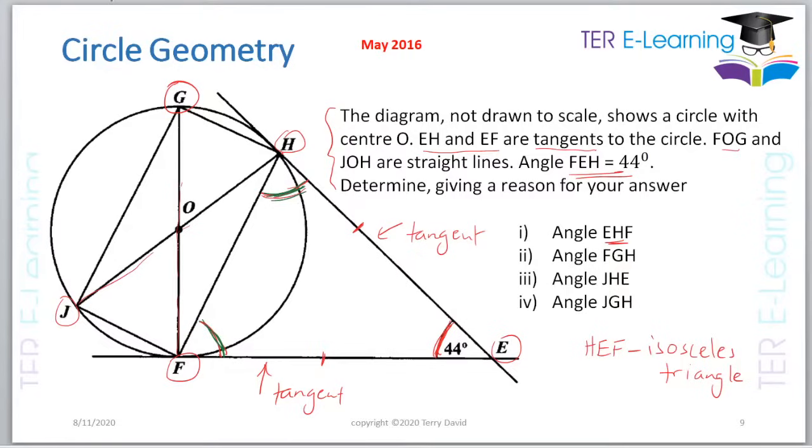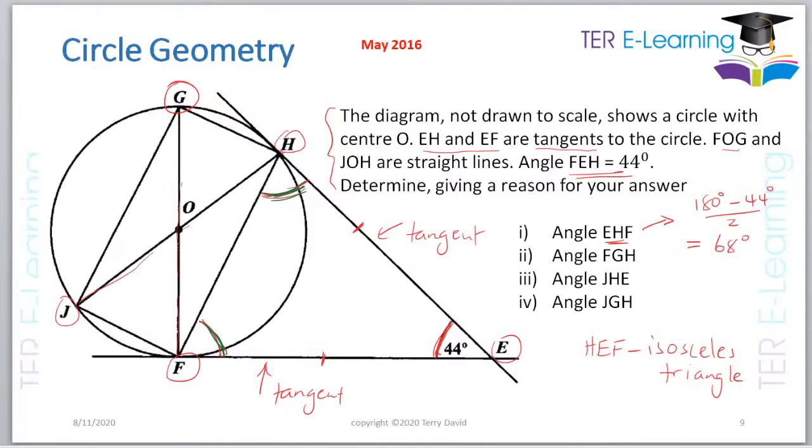So to work out EHF, it is simply 180 degrees minus 44 degrees. You take away the 44 and divide that answer by 2, and that will give us the answer they want. So 180 degrees minus 44, divided by 2, you're going to get 68 degrees as your answer.